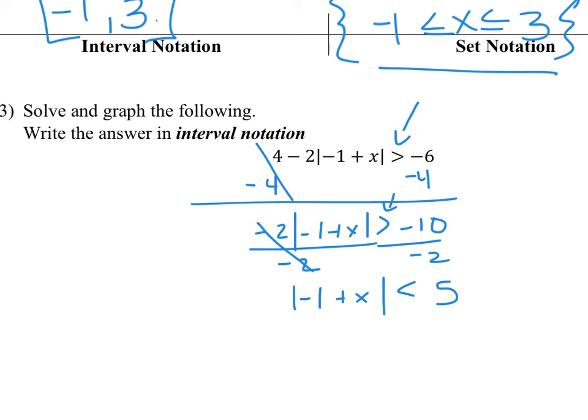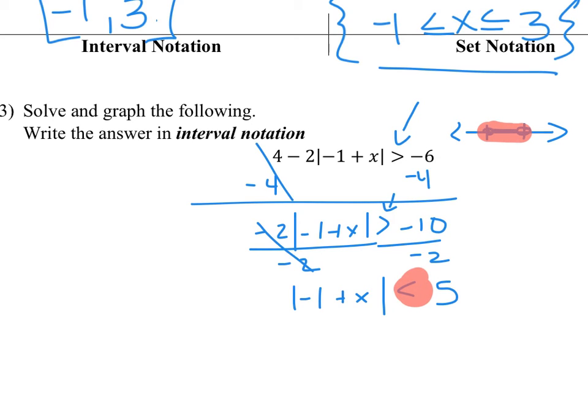Now once it's isolated, I know this is going to be one of these problems where I color it in between. Because once it's isolated, that's when it tells me this less than is telling me it's going to be colored in like that.